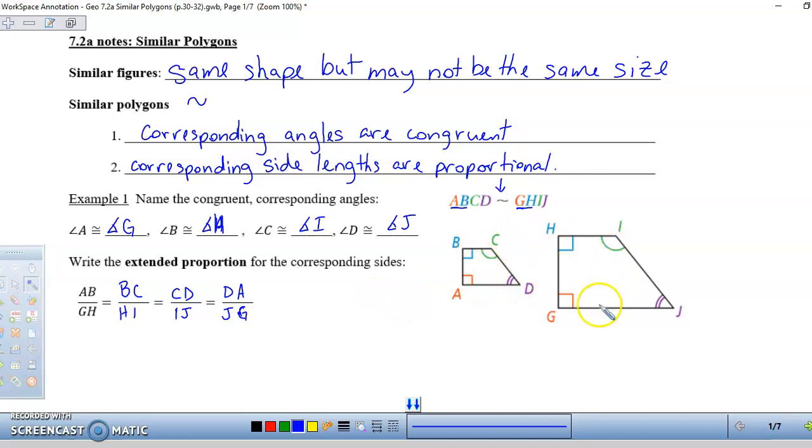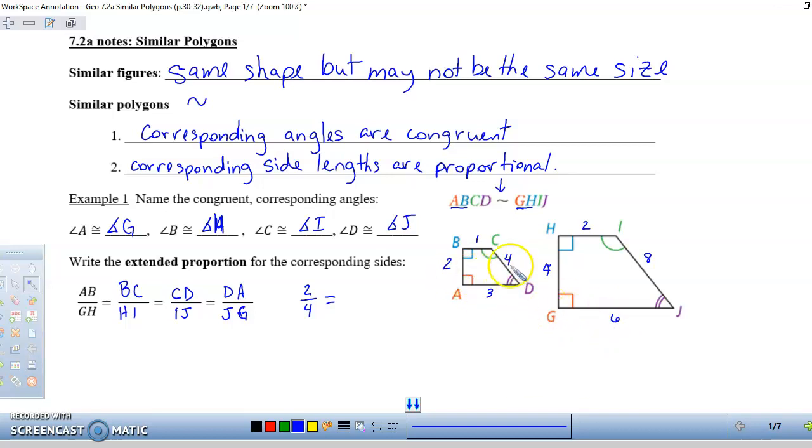Okay, so what that means here, and I'll just give you an example of how this would work. Let's say that AB is equal to 2 and GH is equal to 4. Okay, so let's say that those are 2 to 4. All of the other fractions would also be in that same ratio. If you reduce the ratio, it's 1 to 2, or 1/2. So maybe this one's a 1 and that one's a 2. Maybe this one's a 4, that one would be an 8. And then maybe this one's a 3 and that one would be a 6.